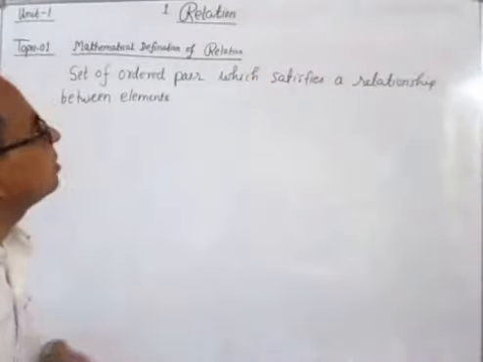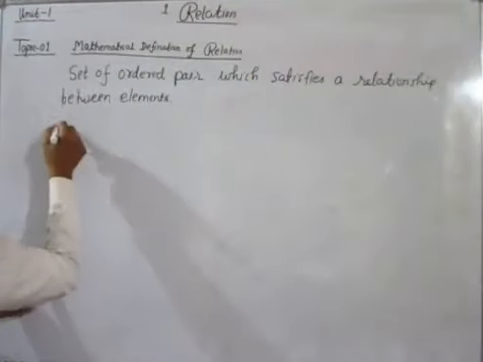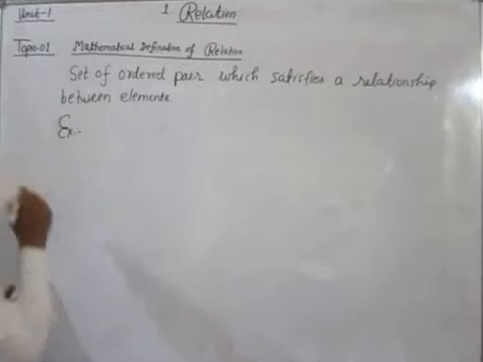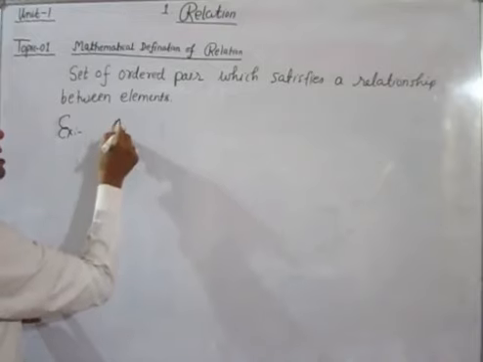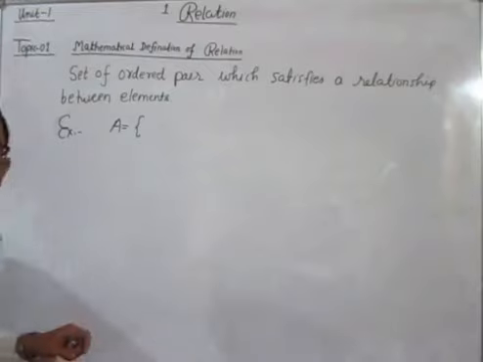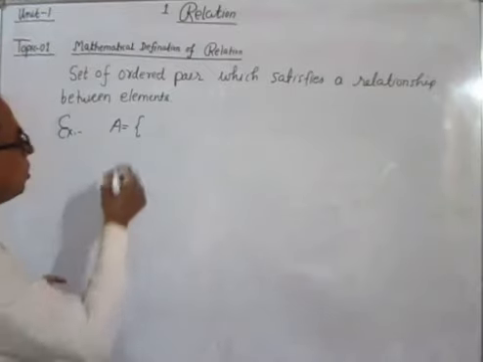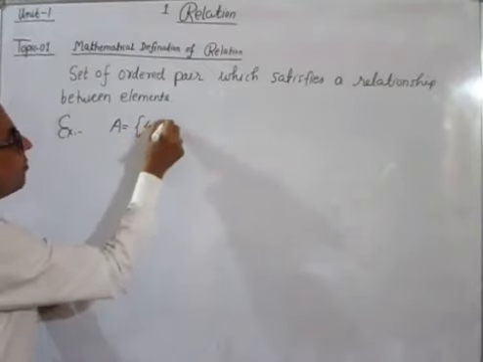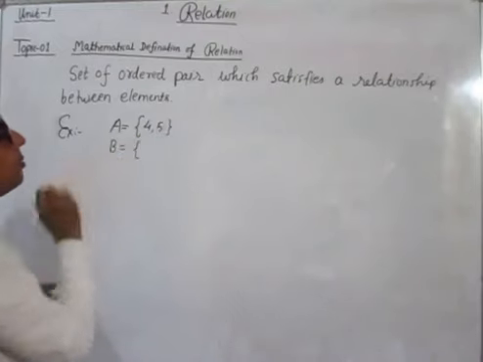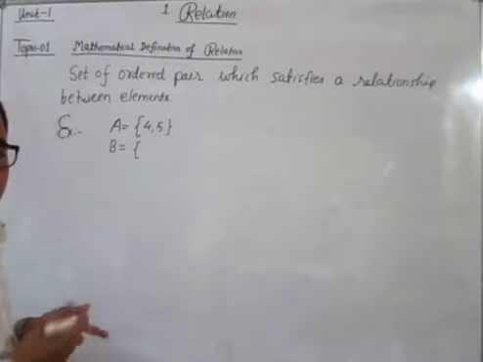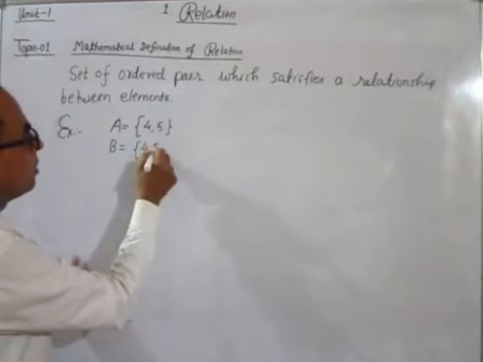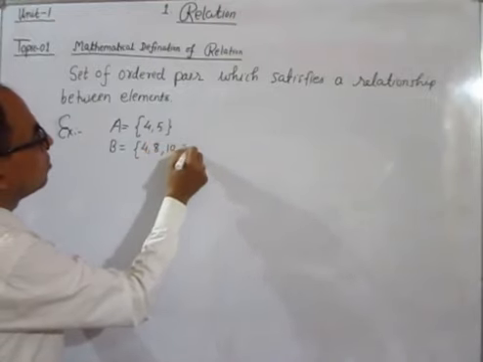So to explain this definition, let us consider one example. Suppose A is a set having elements 4 and 5, and B is another set having elements 4, 8, 10 and 20.